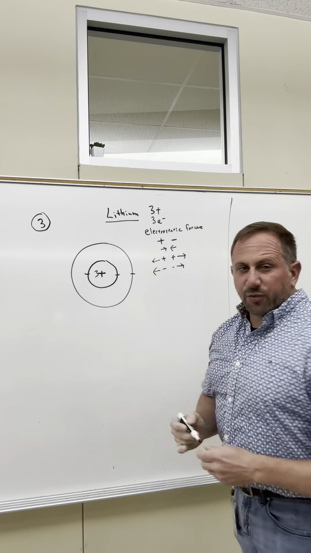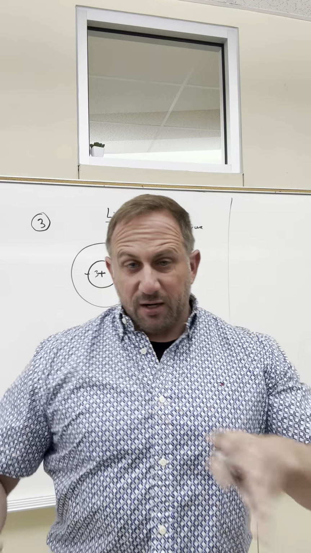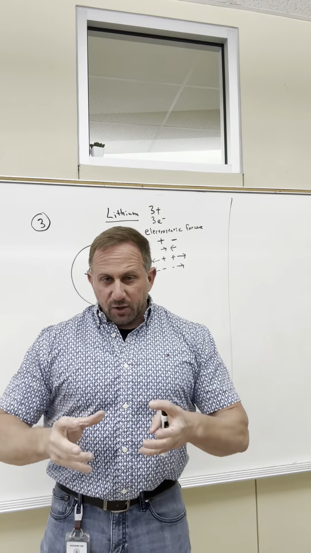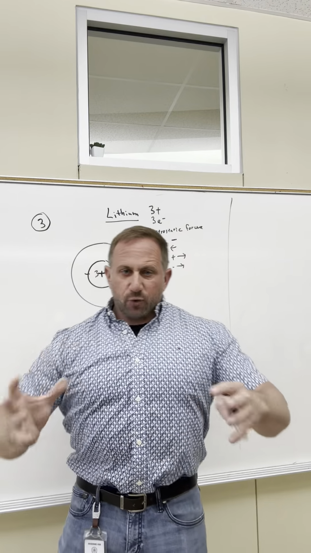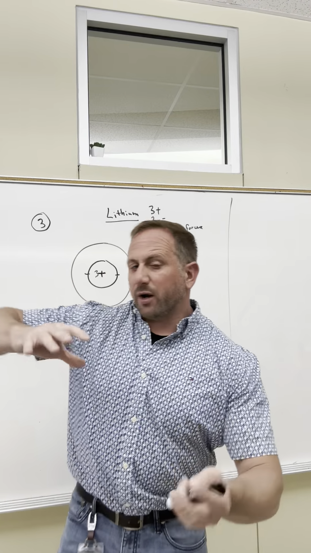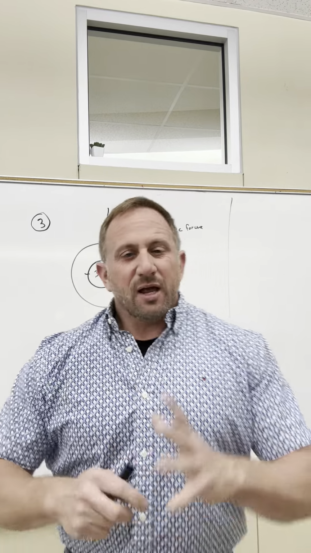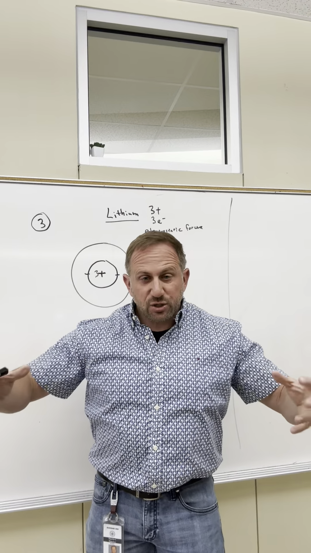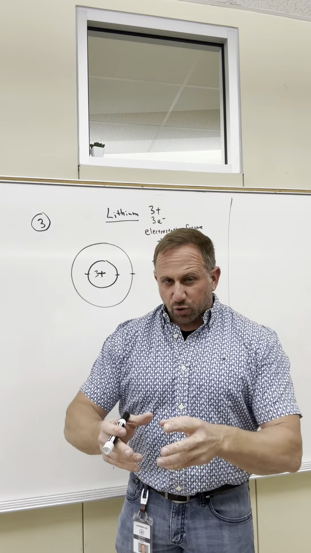This is a fundamental thing that you guys need to keep in your head the entire time we do chemistry. This is why bonds get created. This is why intermolecular forces do what they do. This is why atomic structure has trends.